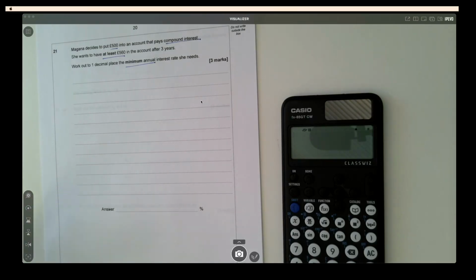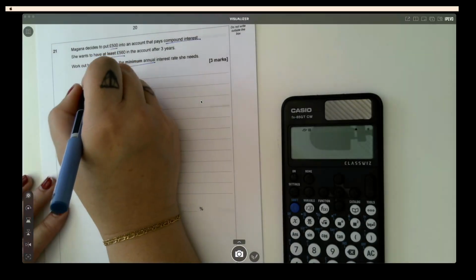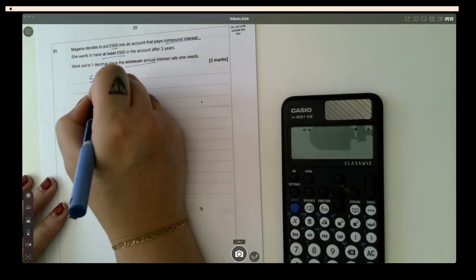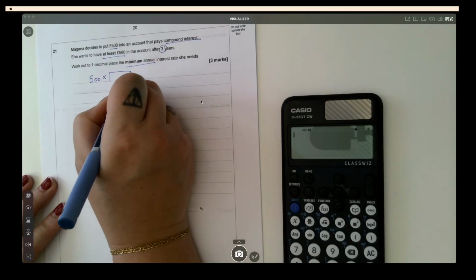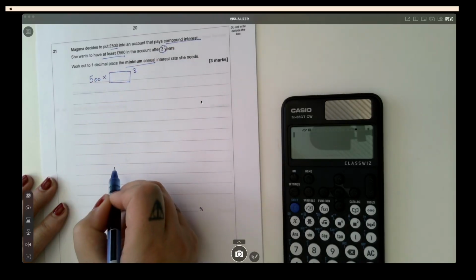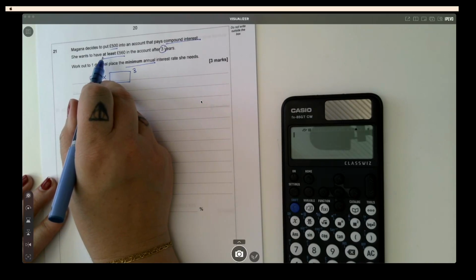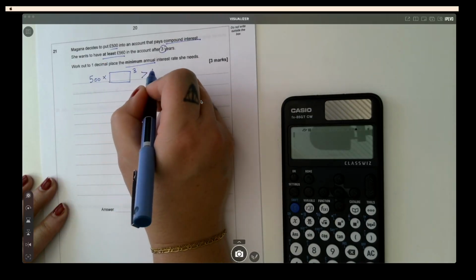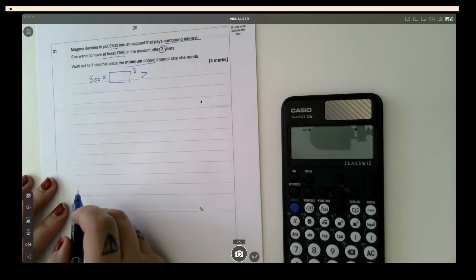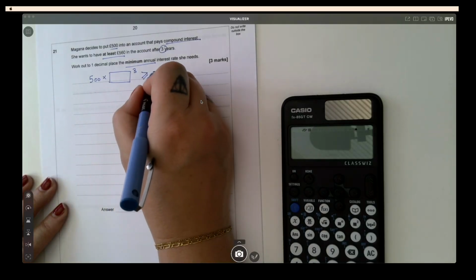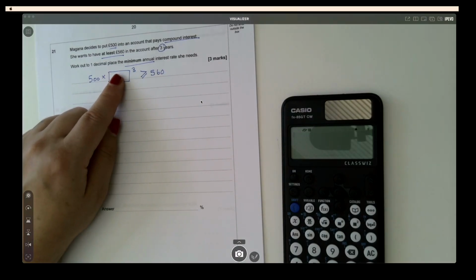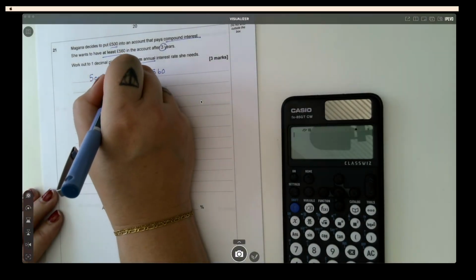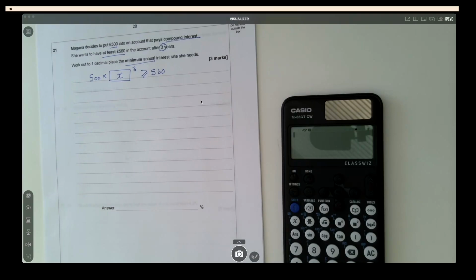So if we knew the interest rate, we would do the amount multiplied by the interest rate to the power of 3. And we want this value to be at least £560, so greater than or equal to £560. But we don't know what this interest rate is, so let's call that x. Then we've got ourselves an inequality that we can solve.